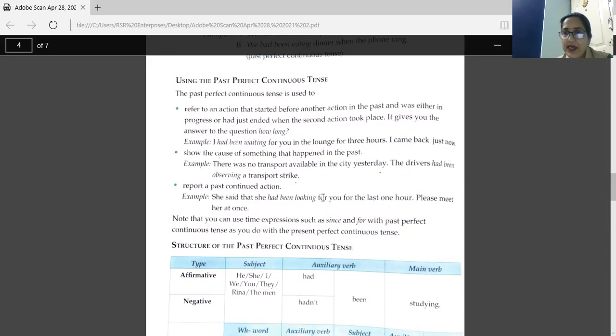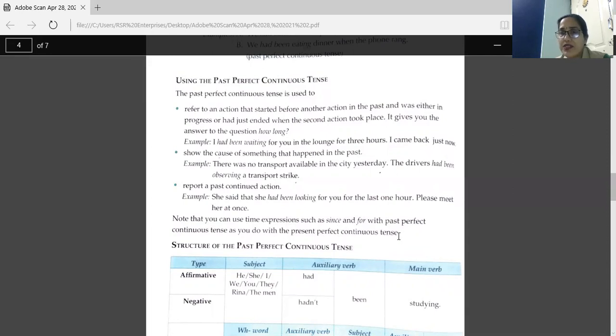So some time period is mentioned with since or for. Note that you can use time expressions such as since and for with past perfect continuous tense as you do with the present perfect continuous tense. I've told you that in present perfect continuous tense, some time expression or time period or point of time is given there.